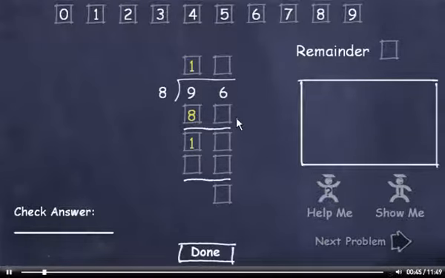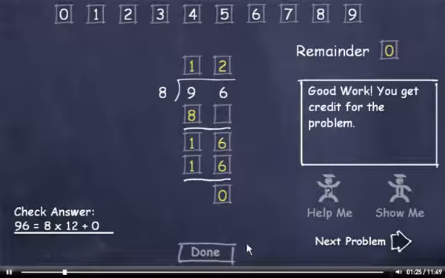Bring down the 6. 8 goes into 16 two times. 2 times 8 is 16. 16 minus 16 is 0. The remainder is 0. The answer is 12. Now I'll click the Done button and move on to the next problem.